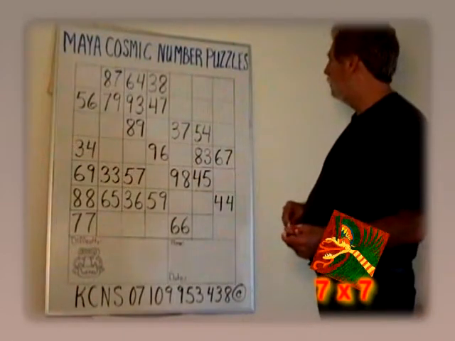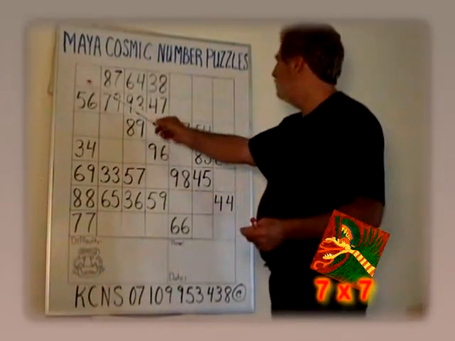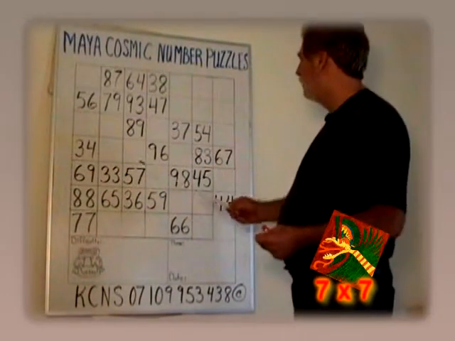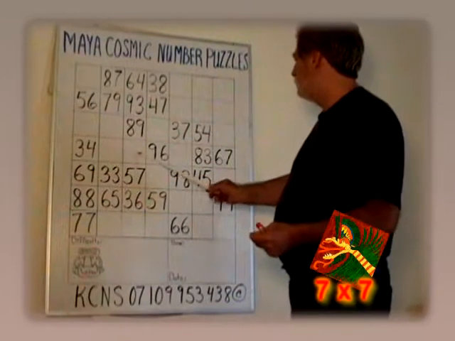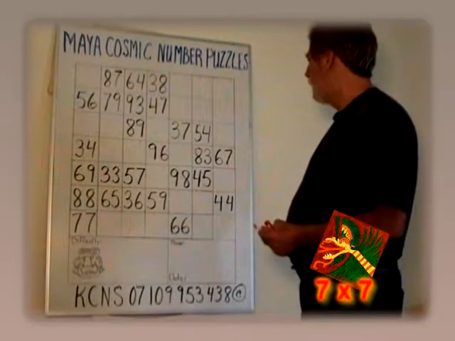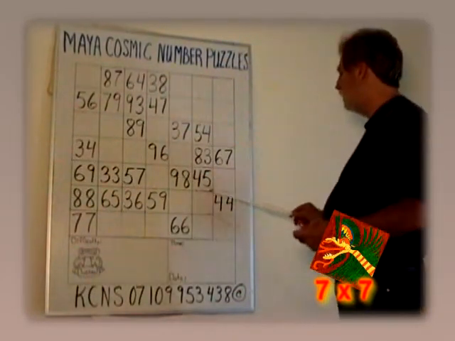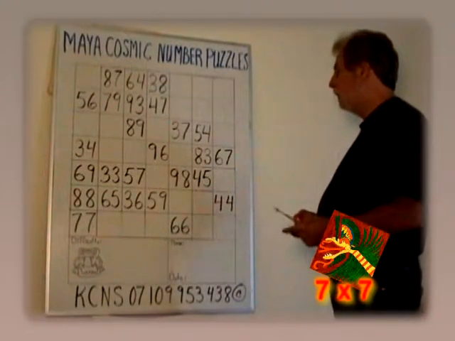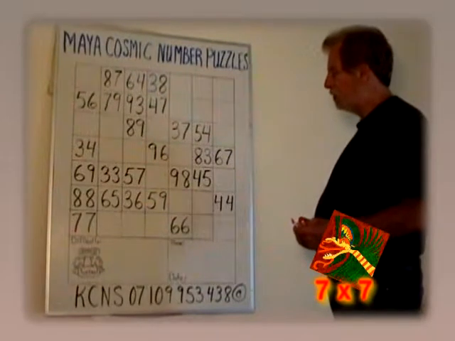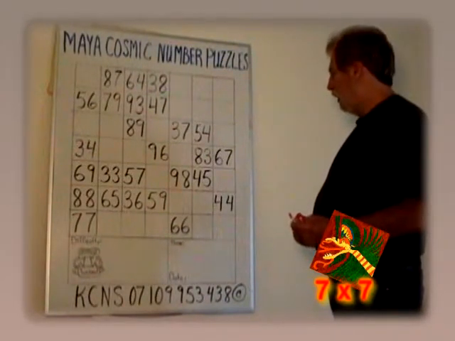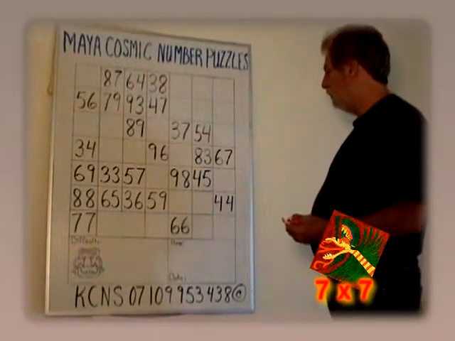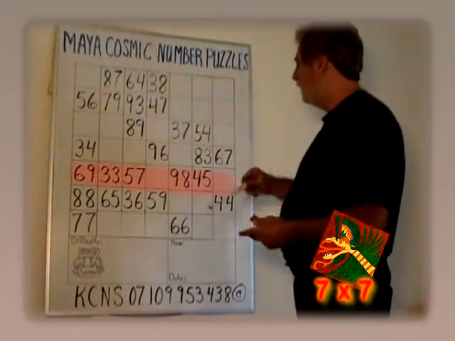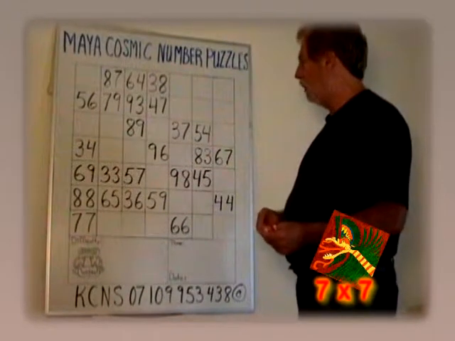If you look at the rows, this row has 4 blanks, making it difficult. This row has 3, this row has 2, and this row has 2. You could start with these 2 rows, making it easier for you to solve. Today we'll start with this row and see how well we get along.